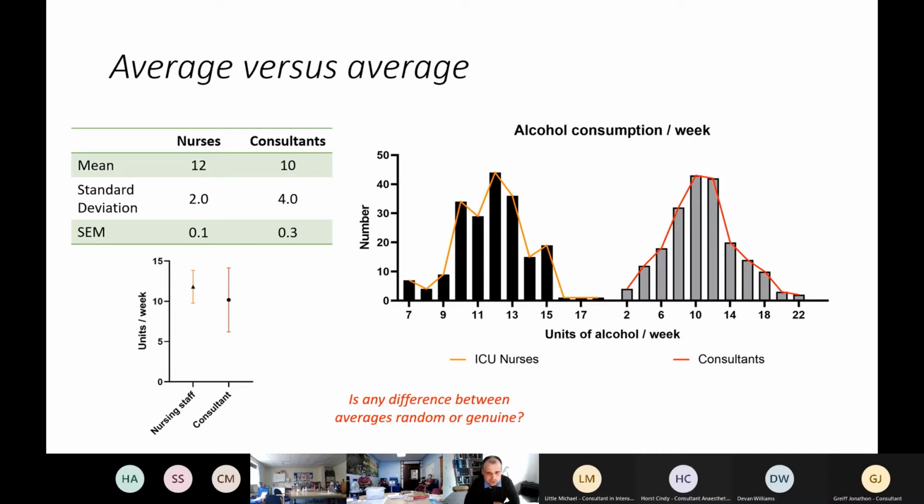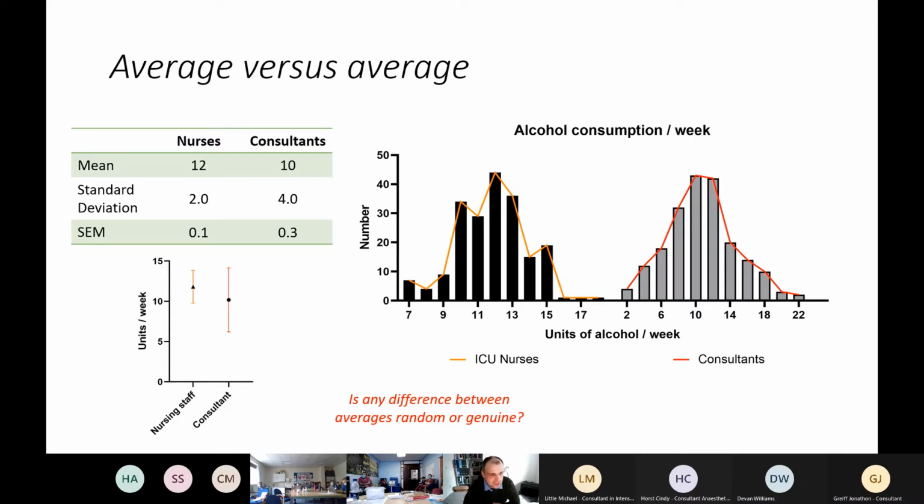So clearly some of my colleagues are drinking 22 units a week. That's probably a bit modest. And the nurses are drinking up to 17 down from 7 units. And as you can see, I know they're parametric distributed because that's how I generated the data, but the curves are essentially roughly parametric.